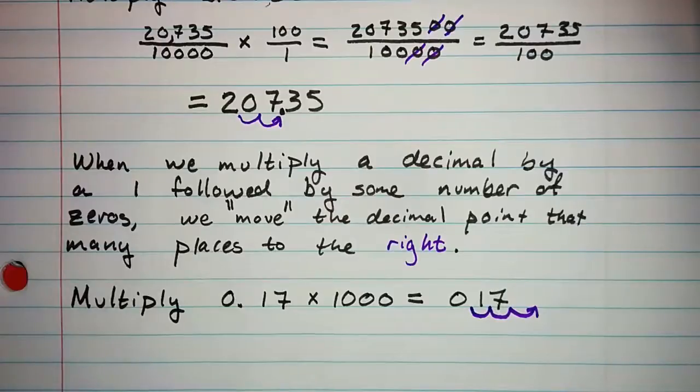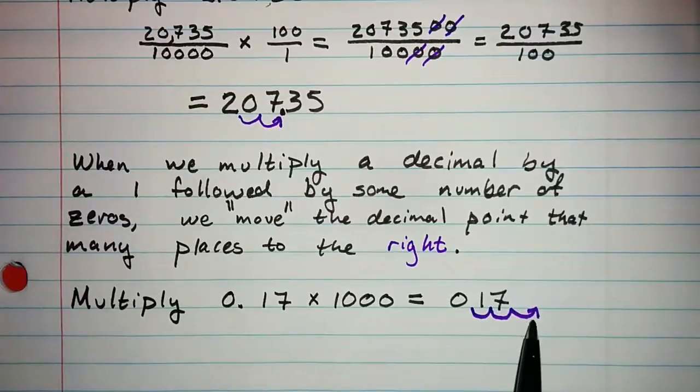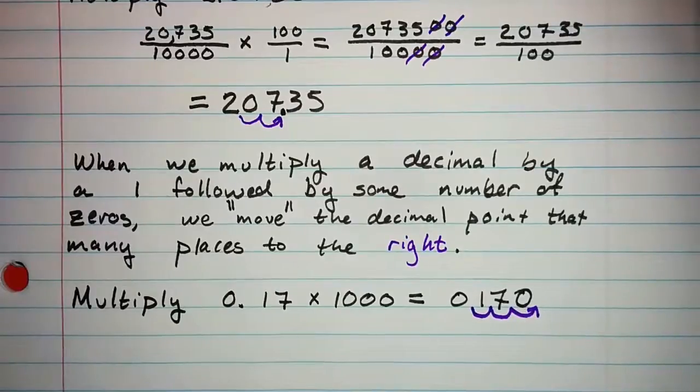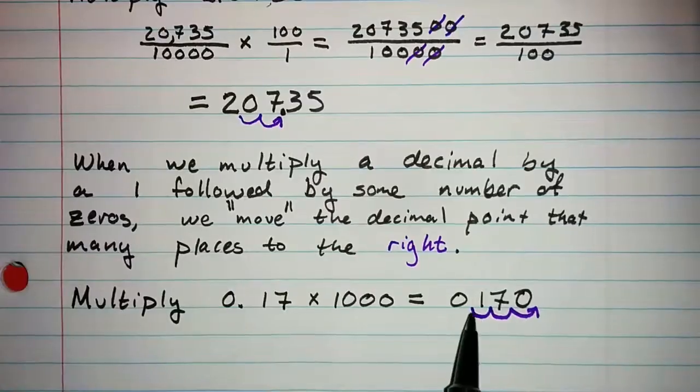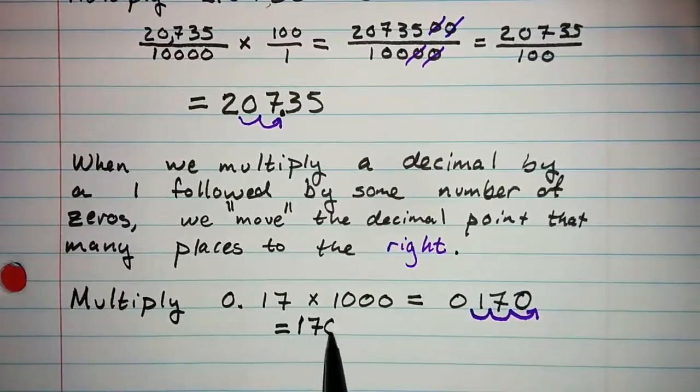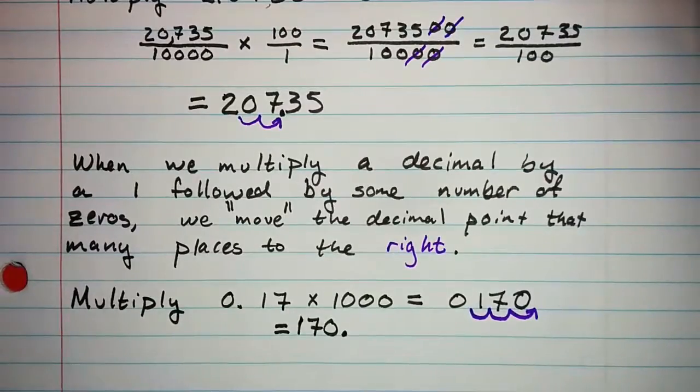Oh, I only have 2 places to move it, which means I'll need a 0 as a placeholder. I get 170, which typically I will write without the leading 0. And if I'm still thinking about decimals, I might want to write it as 170 point.